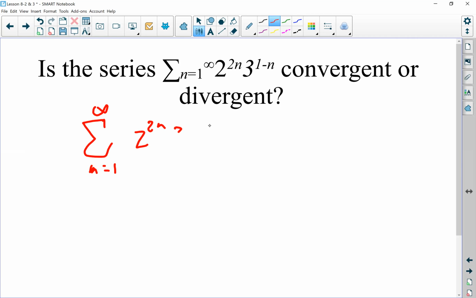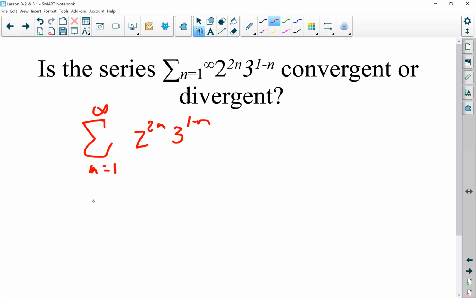So the first thing I'm going to do is look at rewriting this so that my exponents are just n's, or even n minus 1 wouldn't be bad.